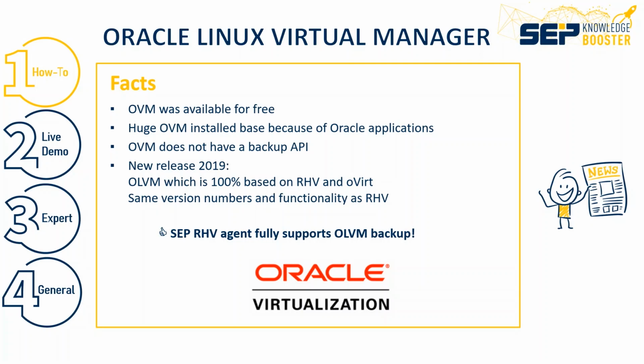And this is 100% based on RHV and the oVirt API technology. So in fact, it has exactly the same functionality as RHV, and we have tested it, and our RHV agent is fully functional also for Oracle environments.